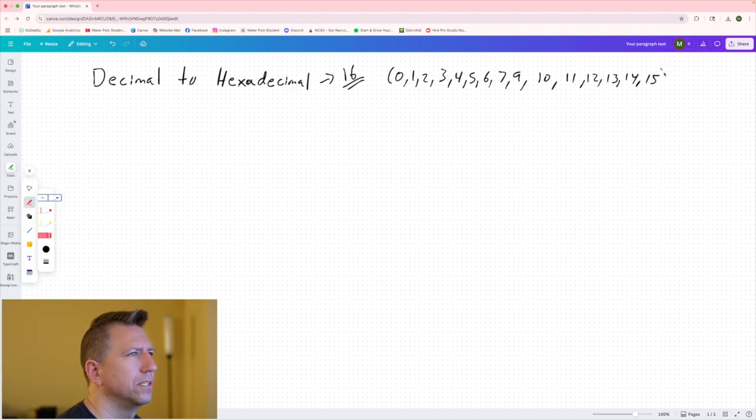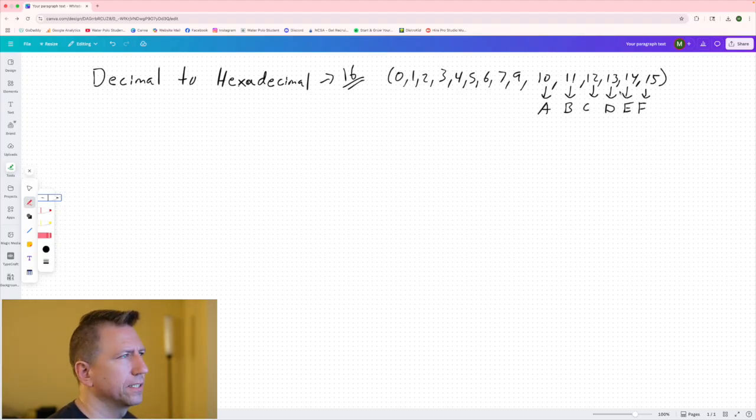And so these numbers we have to use a separate character for, and we use the alpha characters for those. So you'll see alpha characters instead of the numeric characters when we write the number, when there are any numbers that are 10 or above.